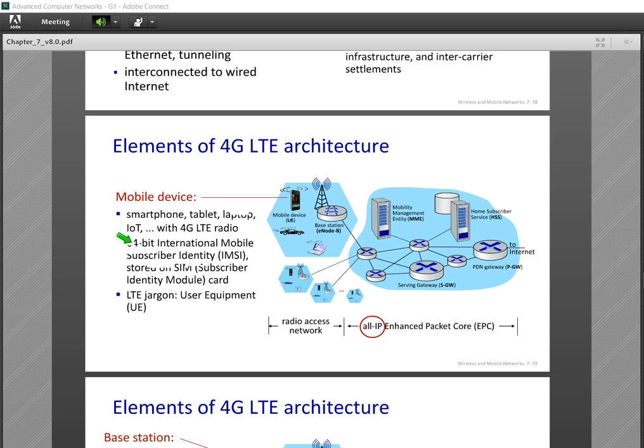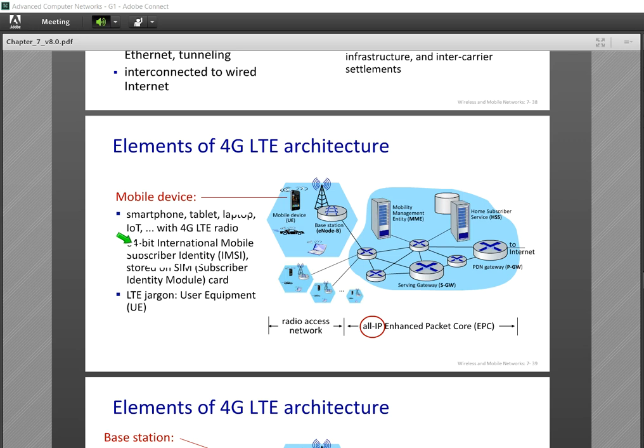Each of those places for SIM cards, for example, you have a cell phone with two places for SIM card, each of those places has a different IMSI identity. It's a 64-bit identity, and it's an international identity.